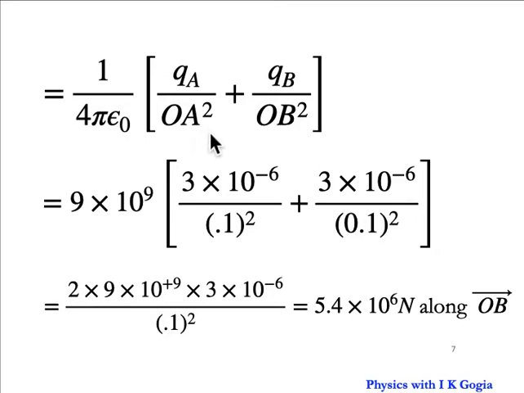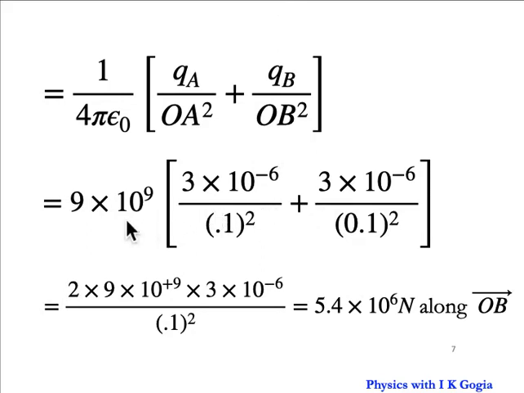Using the expression and substituting the values, epsilon naught is that for vacuum because the charges are placed in vacuum. Substituting the values, 1 over 4 pi epsilon naught is 9 into 10 to the power 9. The magnitudes of the charges are identical, but the charges are opposite in sign.